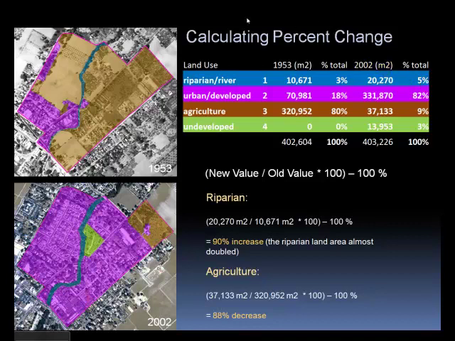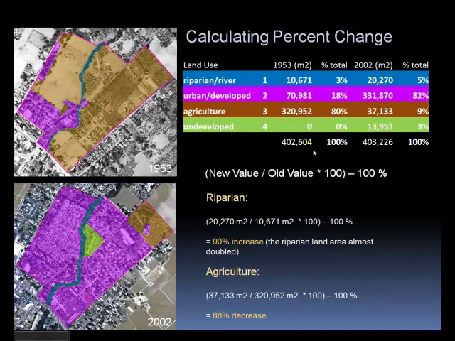So when I say calculate percent change, I'm not looking for 2%, right? I'm not talking about a 2% increase. I'm talking about an almost 100% increase. It went from over 10,000 meters squared to over 20,000 meters squared. I'm talking about this change, the almost 100% increase in area.